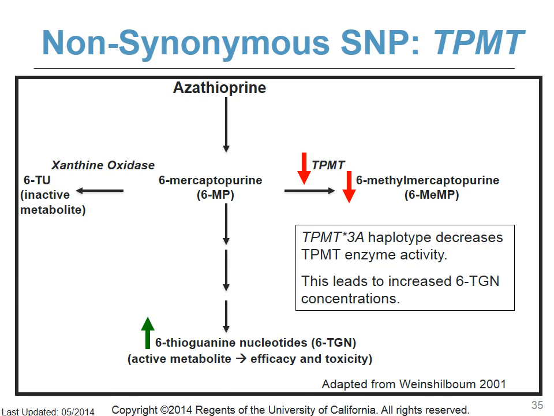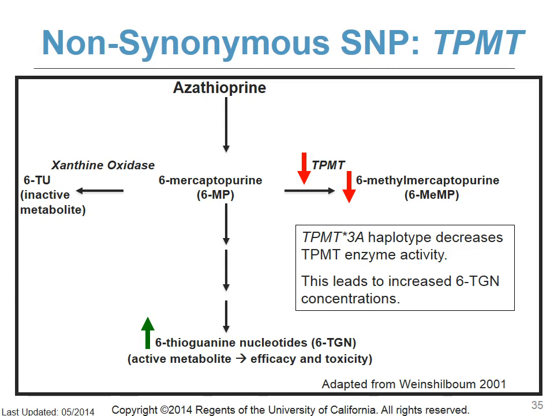This slide summarizes the metabolism of azathioprine and 6-mercaptopurine, or 6-MP, drugs which are used in oncology and organ transplantation. Both are prodrugs which are metabolized via three possible pathways. The TPMT star 3A haplotype decreases TPMT enzyme activity.